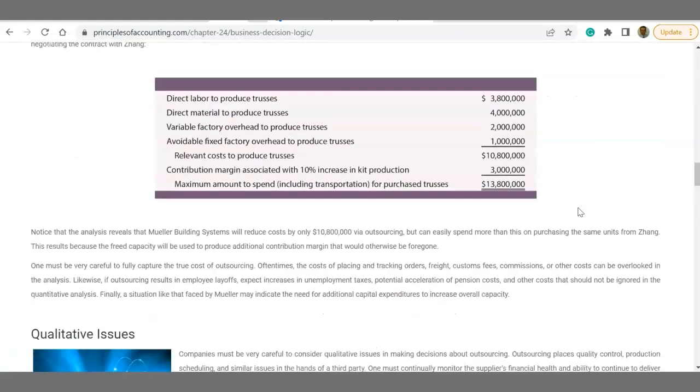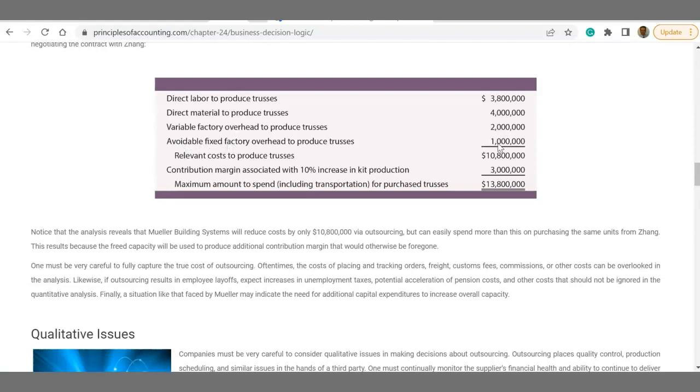So direct labor to produce trusses is 3.8 million. Direct material for trusses is 4 million. Variable factory overhead to produce the truss is 2 million, and avoidable fixed factory overhead to produce truss is only 1 million avoidable. Remember, fixed factory overhead you cannot avoid, but if there is any avoidable fixed cost, yes, that's relevant information.